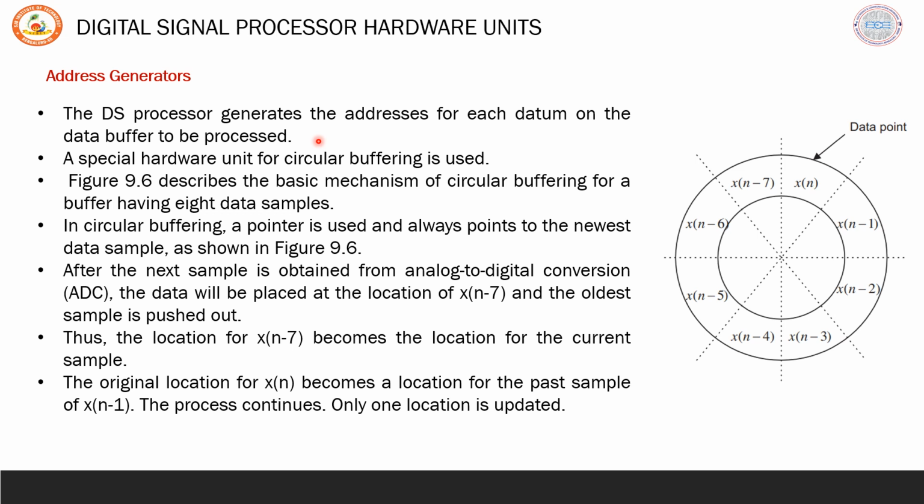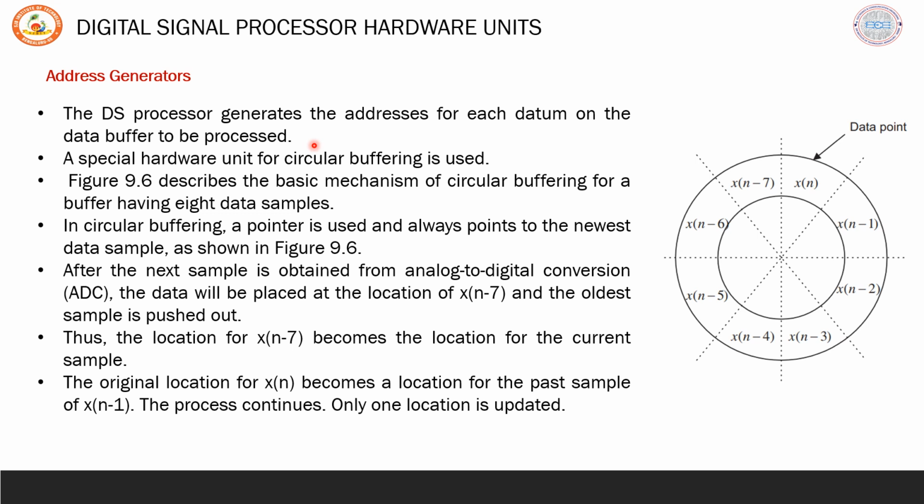Now, if you are implementing a linear buffer, that means that if you are saving the data as and when it is arriving in a continuous fashion, linearly, then probably we may run out of memory. And there is a possibility of the data overwriting some content in memory. Hence, there is a need to restrict the size of memory.